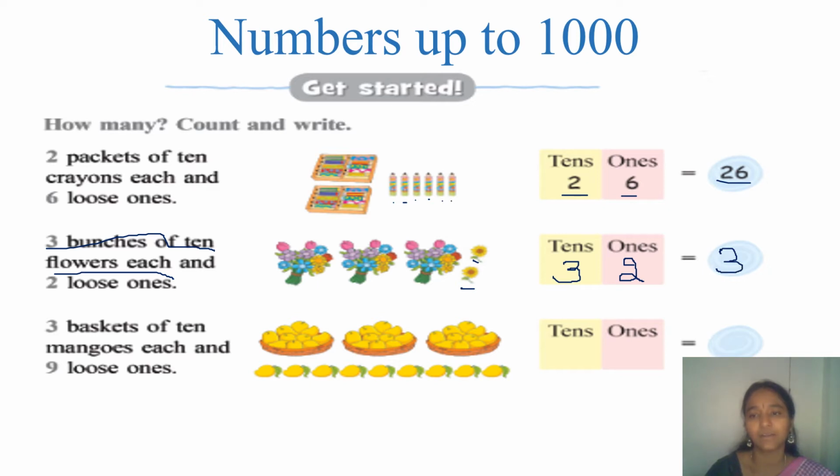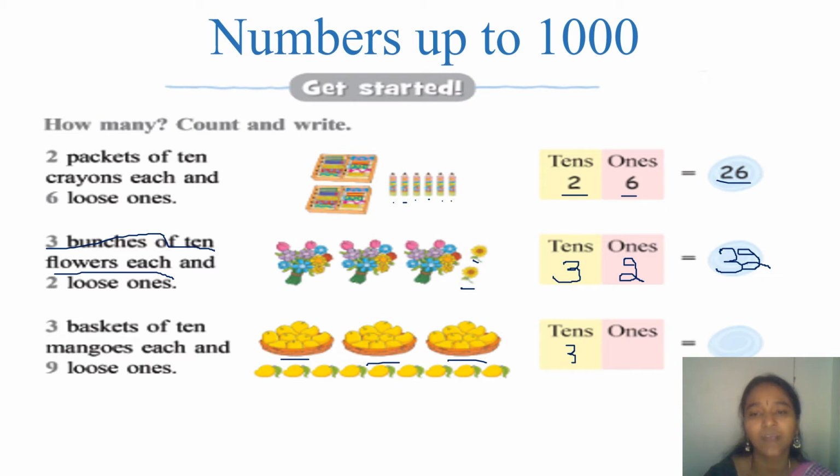32 flowers. Next, 3 baskets of 10 mangoes each and 9 loose ones. There are 3 baskets. In each basket, how many mangoes are there? 10, right? So under tens, how many count? 1, 2 and 3. 3 here.